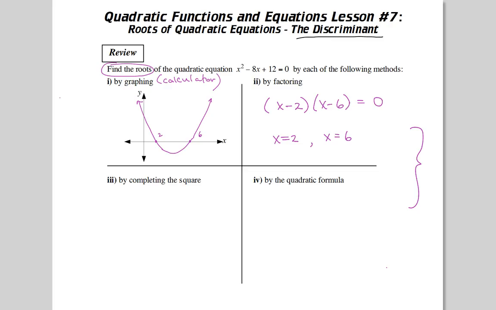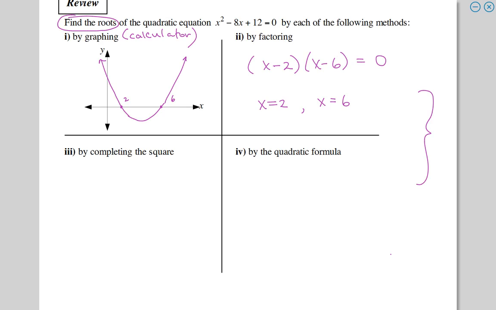And then the quad formula, you guys have had some experience with this now. So -b, what's that going to be there, Fred? Plus 8, Fred? All over, or plus or minus the square root of b squared, which is 64, right? Minus 4ac, so 4 times 1 times 12, all over 2a, 2.